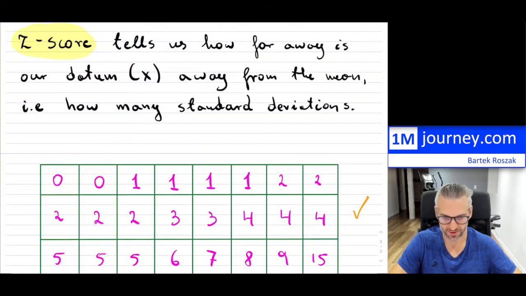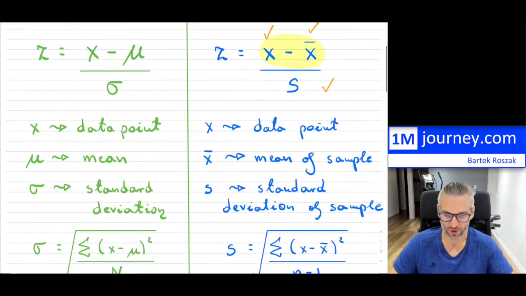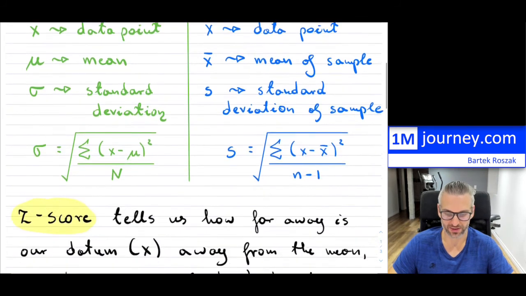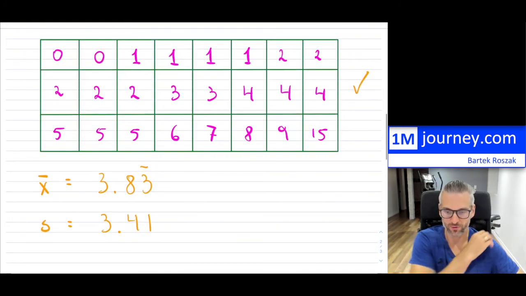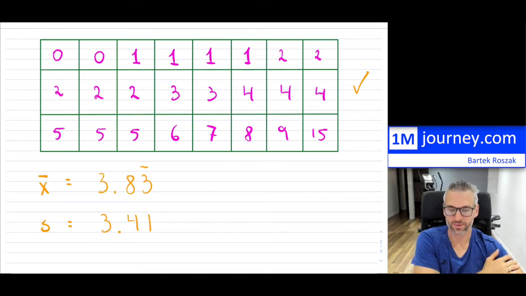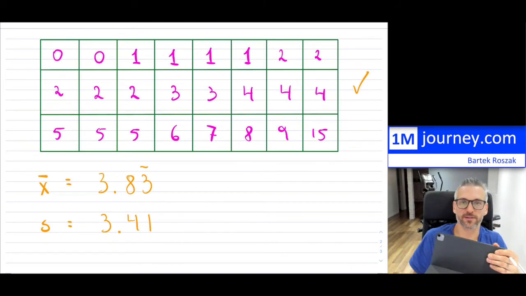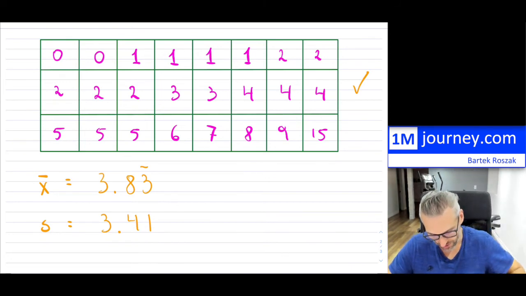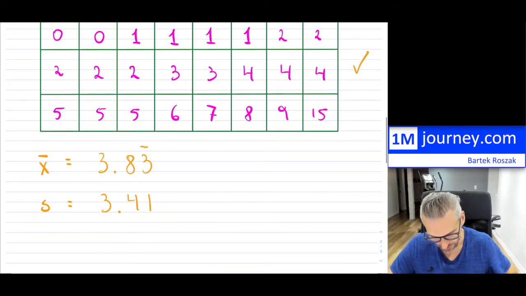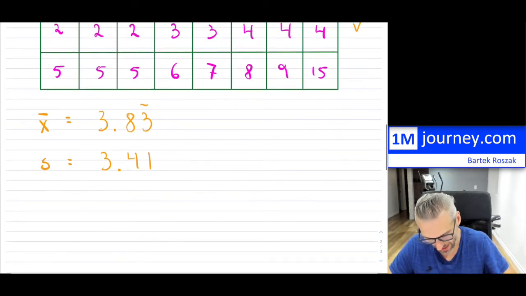Now if I wanted to know a z-score for one particular item, it doesn't matter which one. For instance, let's say I'm calculating the z-score for the data value of number 1.